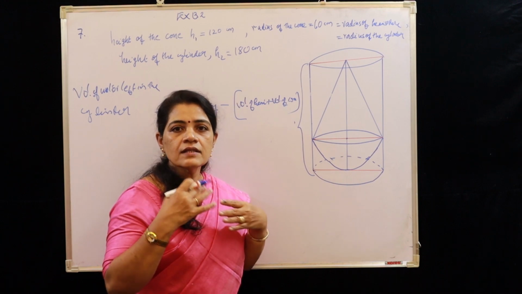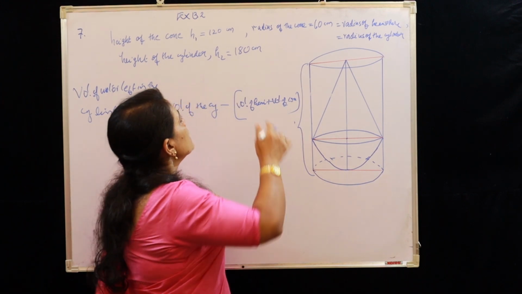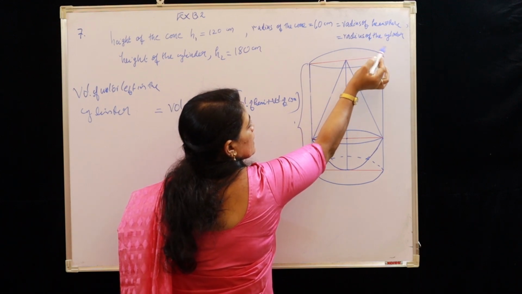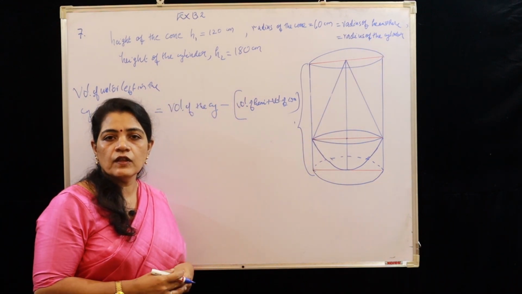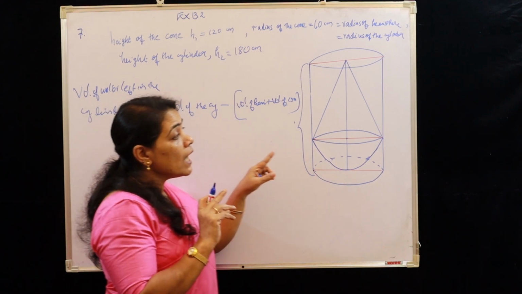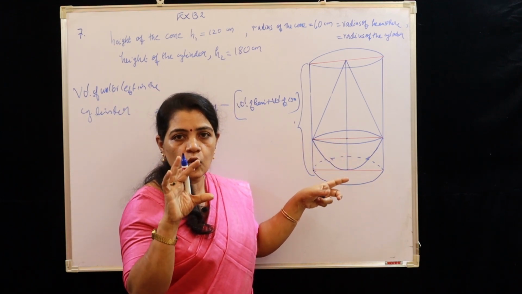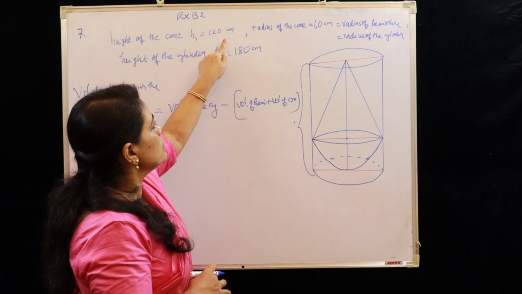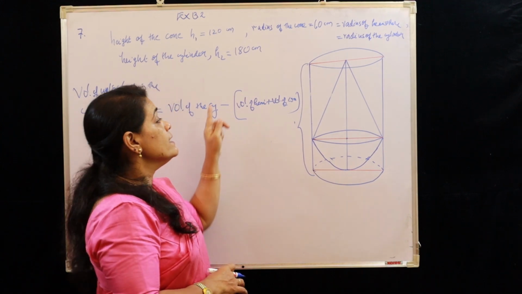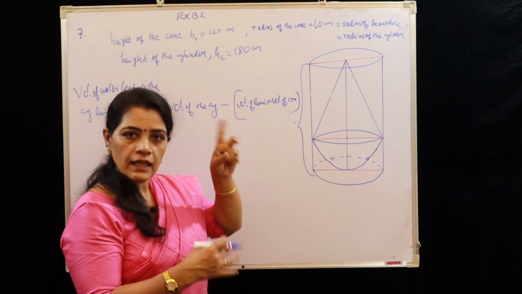All the three have the same radii. That is, radius of the cone equals 60, equals that of the hemisphere, and again equals the radius of the cylindrical vessel. The heights are different: height of the cone is 120 centimeter and height of the cylinder is 180 centimeter.